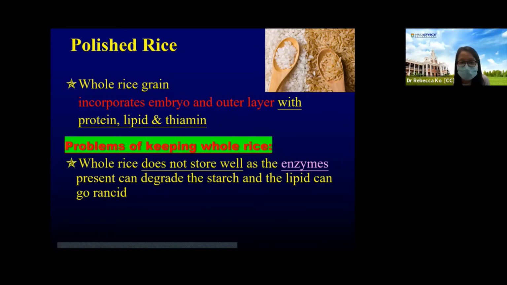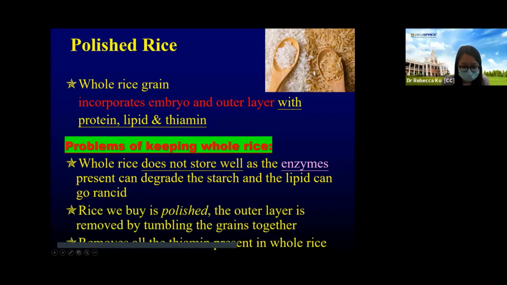It's better to strip the outer layer away and keep it as polished, white rice for a longer shelf life. So that's why the rice we buy is polished. The outer layer is removed by tumbling the grains together, and so it will also remove the thiamine present in the whole rice, right?